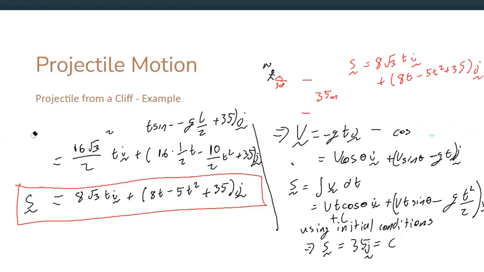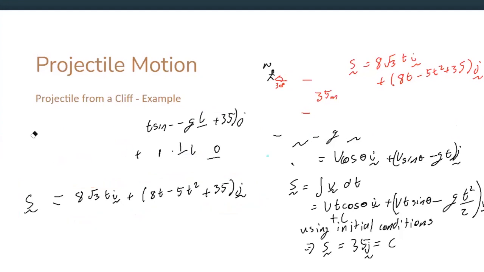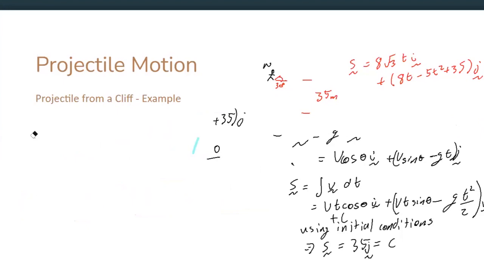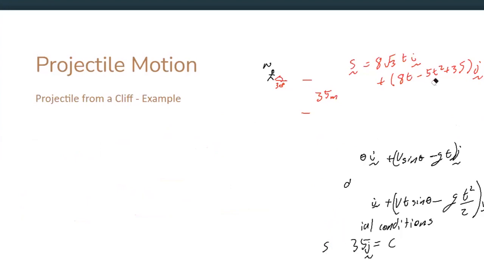And the second component, let's redraw that cliff in a moment. The second component of this question wanted us to find the time it took for the stone to hit the water. So essentially, how long until the stone was in the water can be found using the j component. And I'll go over how we do that in just a moment.